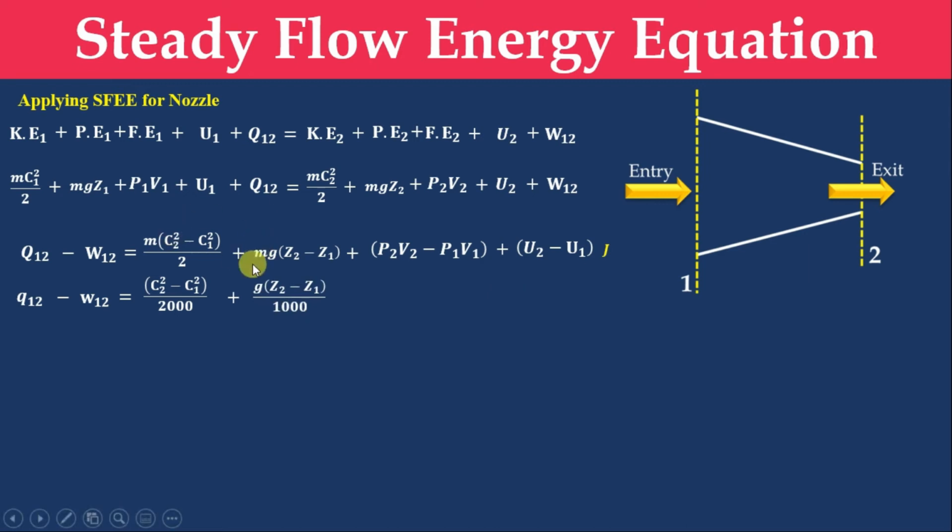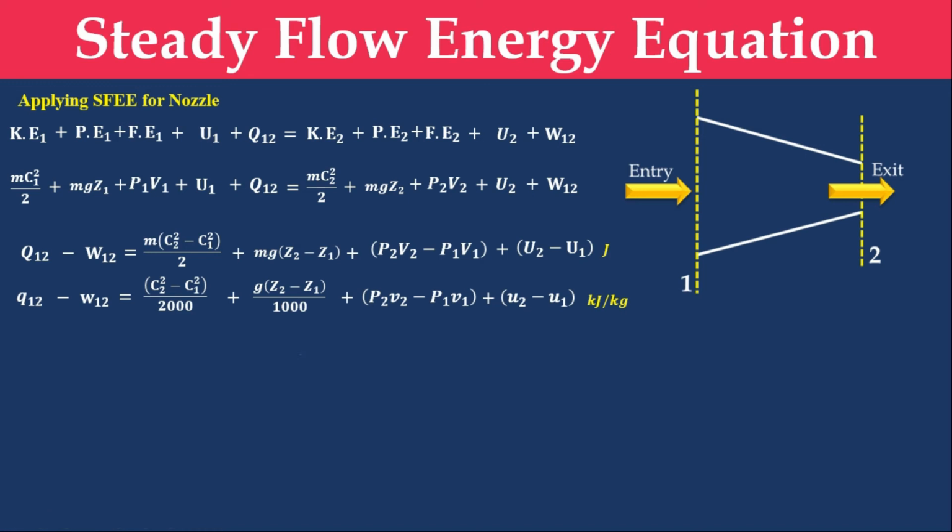So with mass removed it is per kg, 1000, kilojoule per kg, plus here the unit for pressure is Newton per meter squared. When you substitute pressure, it becomes kilonewton per meter squared. Here volume is meter cubed per kg. So this unit becomes kilojoule per kg, plus internal energy u2 minus u1, that is kilojoule per kg.